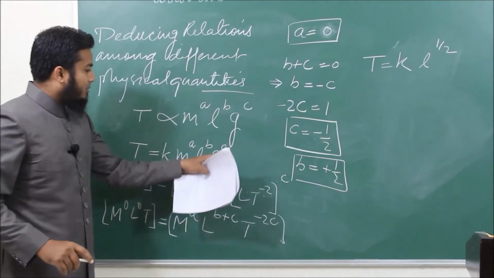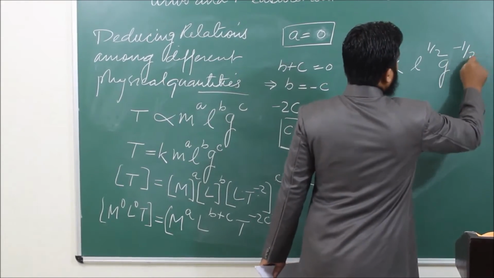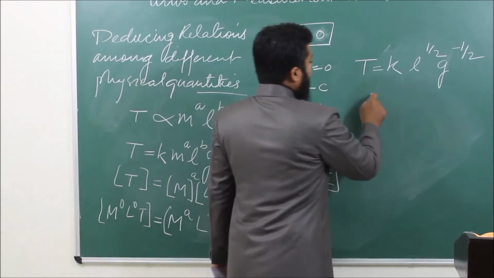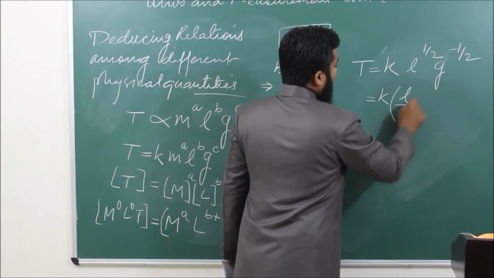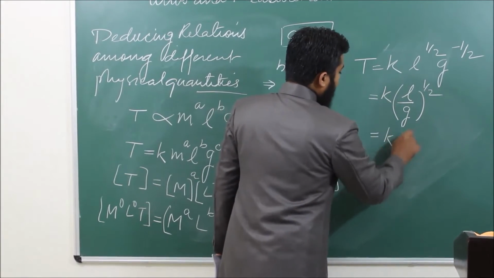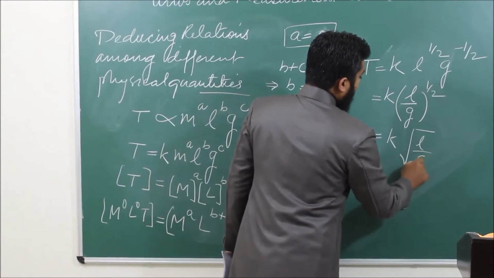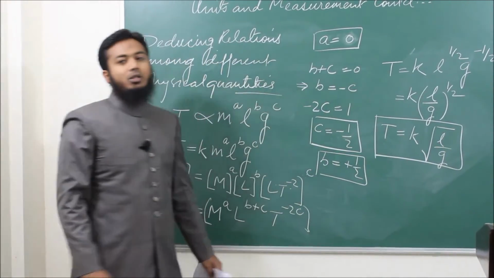And this g has power c, c is minus half, so g raised to the power minus half. And I can write it like this: L over g whole raised to the power 1 over 2. And this can also be written as k under root L over g. So the dimensional formula now looks like k under root L over g.